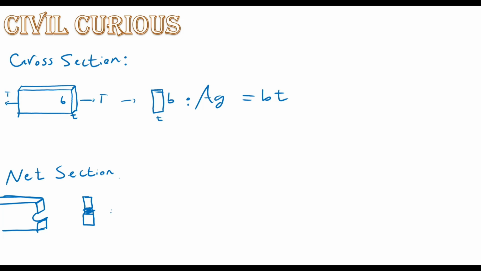And we have here AN equal to B minus the diameter of the hole times T, and this is our B and this is the diameter of our hole, which is D. Now we have AN is equal to B minus D times T.